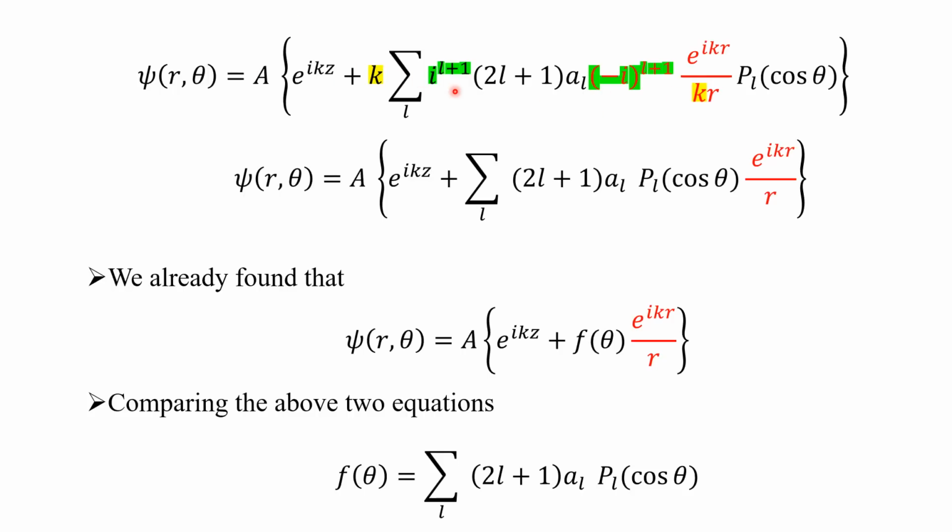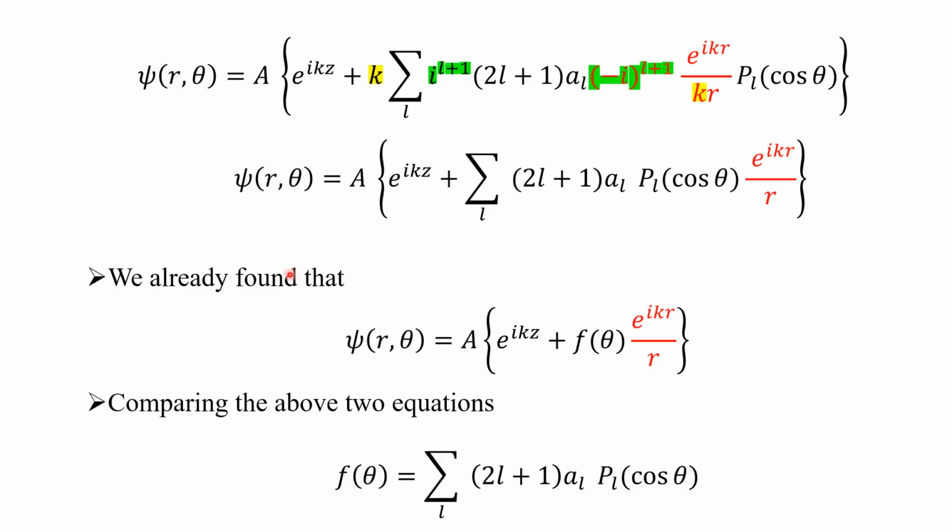Similarly, if you multiply i^(L+1) into minus i^(L+1), which I have shown in green shading, this will become 1 for all values of L. That is more important. So this k also gets cancelled, and you will get the remaining term (2L+1) A_L P_L(cos θ) e^(ikr)/r.